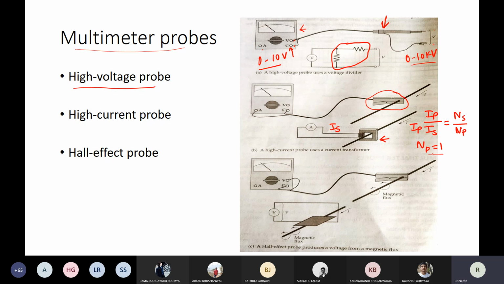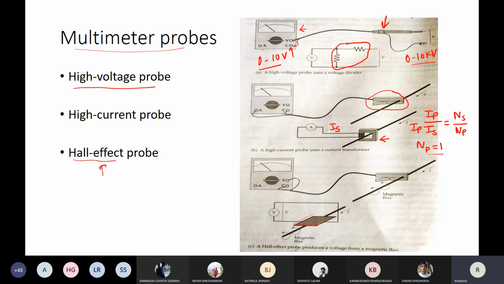A similar approach is the Hall effect. I just brought it up because this topic came. What is the principle of Hall effect? We'll discuss it later when we start discussing sensors in the second half of this course. For the time being, understand that there is a material capable of providing a voltage corresponding to the current flowing through it.